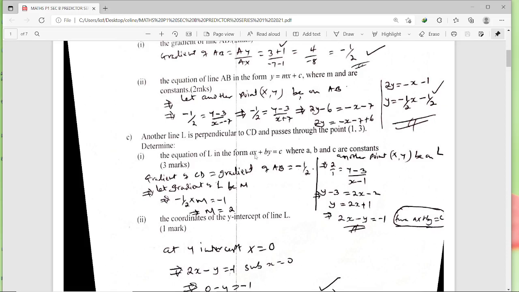We need ax on the left hand side, so I bring y to the other side, so it will be negative 1 equals 2x minus y.